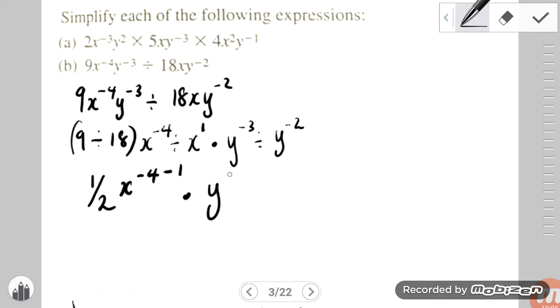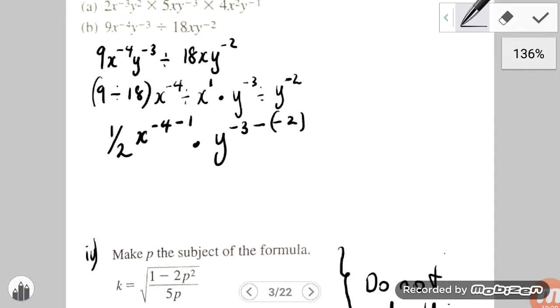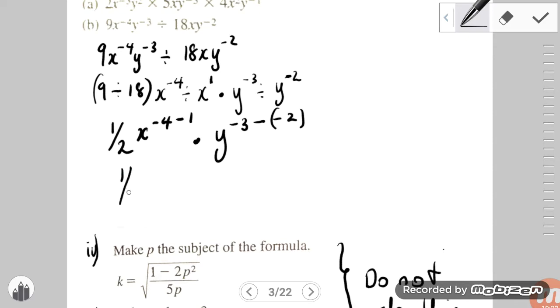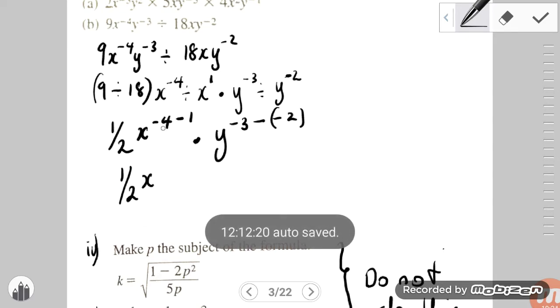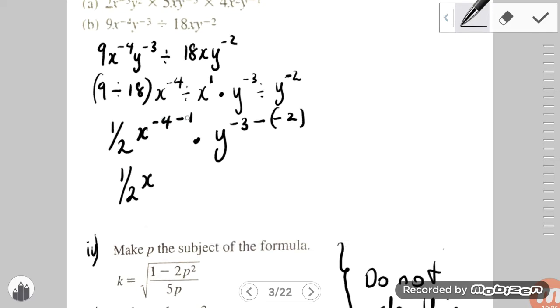For y, the power here is minus 3. So this works out nicely to be a half x to the minus 4 minus 1. We add both numbers and keep the negative signs, so that's negative 5.